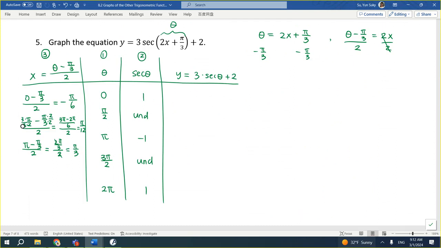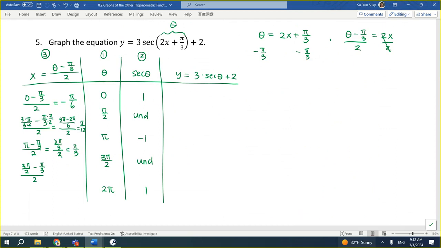You can use your calculator to check your work, but just don't type the pi there, because for some calculators, if you input the pi, it just gives you a bunch of decimals. Okay, so next, theta is 3 pi over 2, and we subtract pi over 3, over 2.